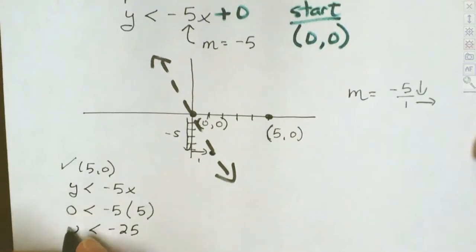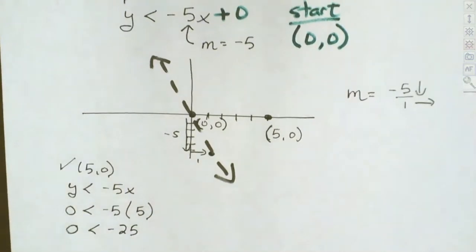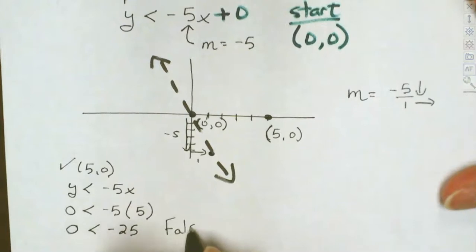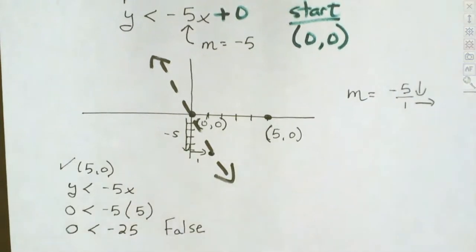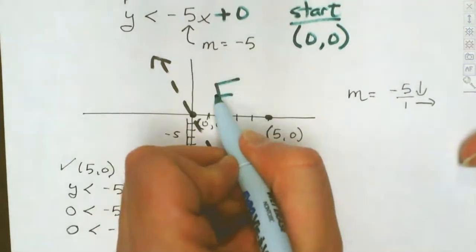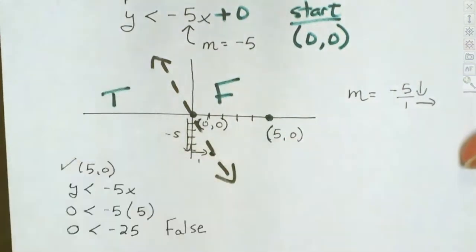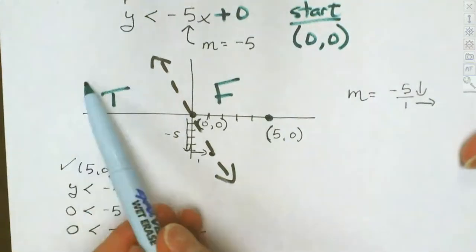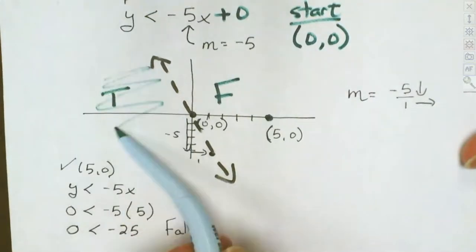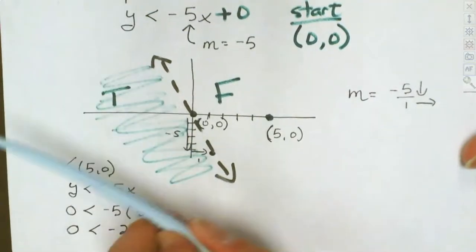Is that bigger than 0? Is minus 25 bigger than 0? Clearly that again is what? False. And so that means then this half is false up here, because that's where your point's at, right there. The other side must be true. And where do we shade? We shade the true side.